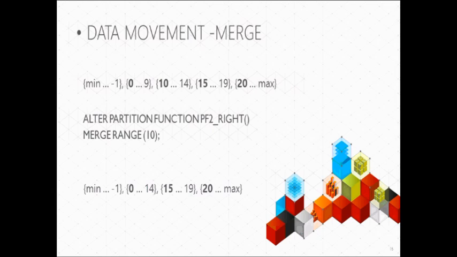We can also use the merge function to remove all these boundaries from the partition function. The result will be a partition function with only one partition, partition 1. Because the partition function has no boundary values, it will have no rows in the partition range values system tables.